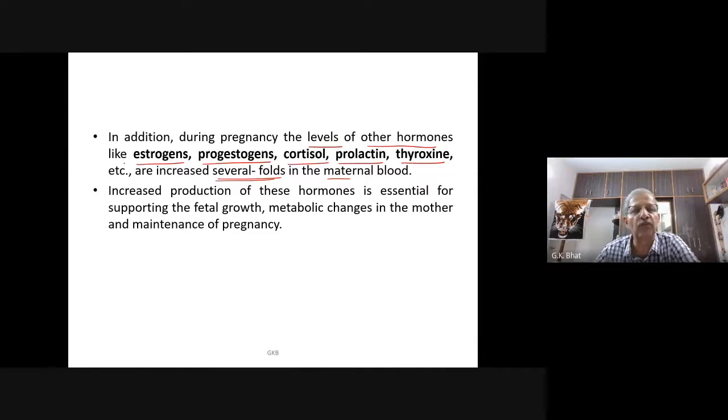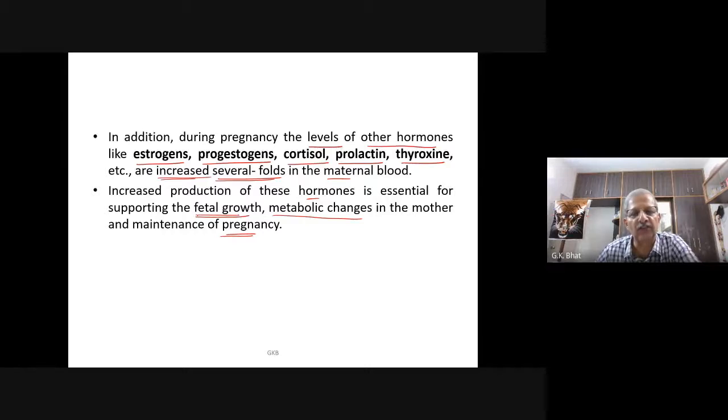Why is the production of these hormones increased by several folds? The reason is that this increased production is essential for, one, supporting fetal growth, two, the metabolic changes in the mother, and three, maintenance of pregnancy.